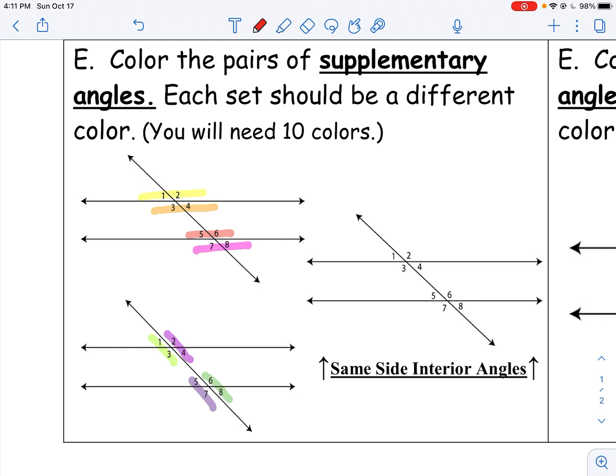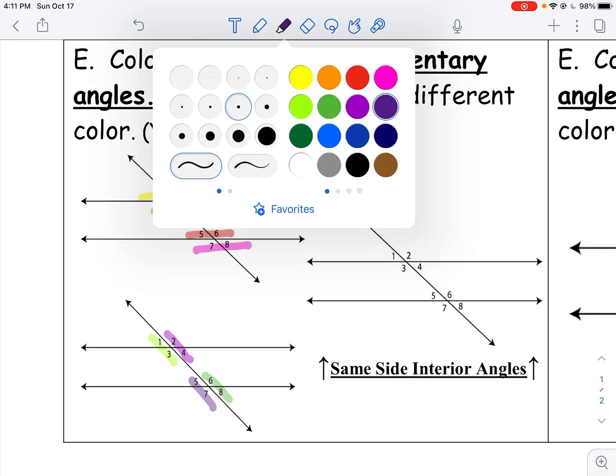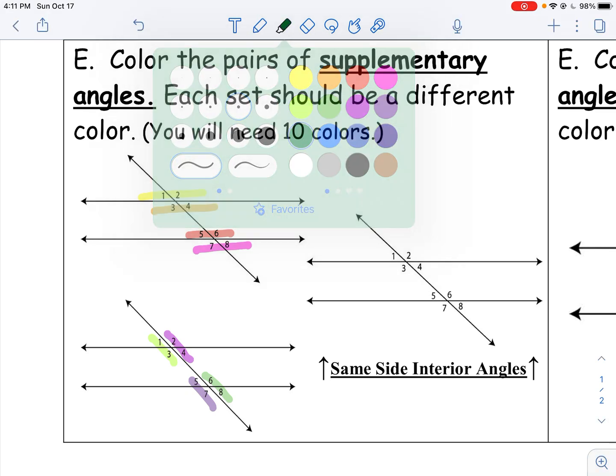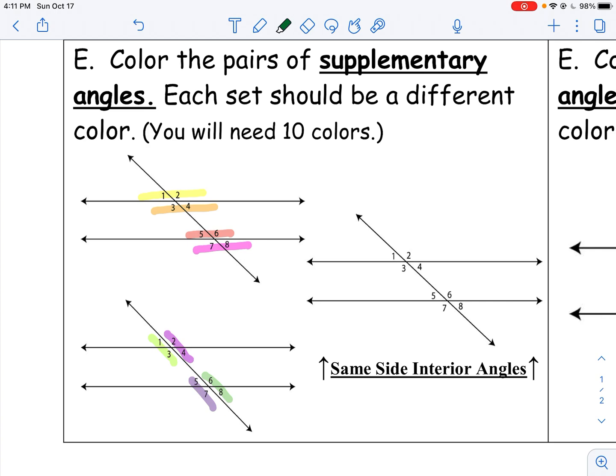Then, oops, I want a new color. They're green. Okay, so angle 1 can also make a supplementary angle with angle. Oh, they want same side interiors. Oops. Well, never mind. I'll do same side interiors. So this one right here and this one right here.